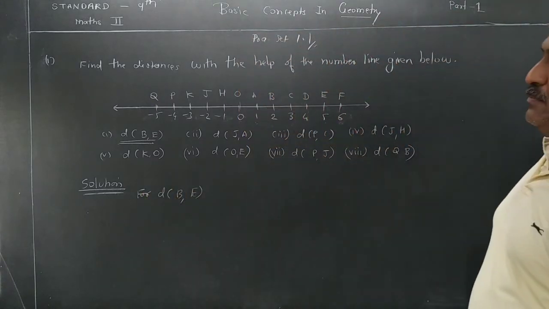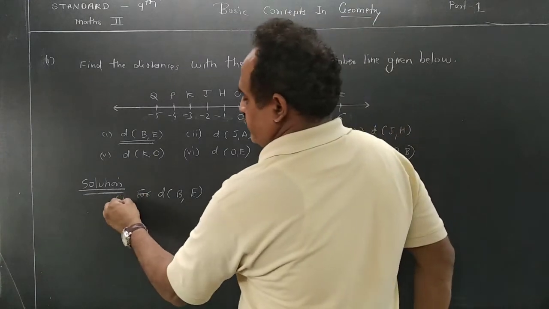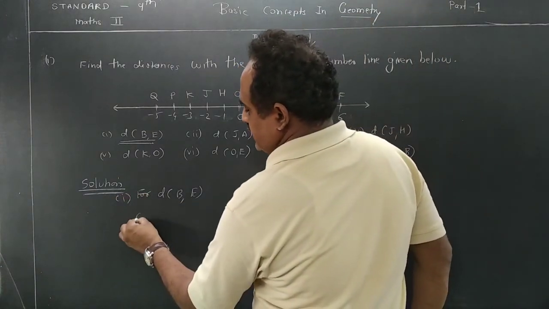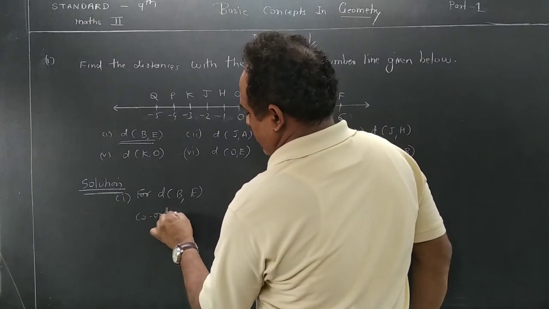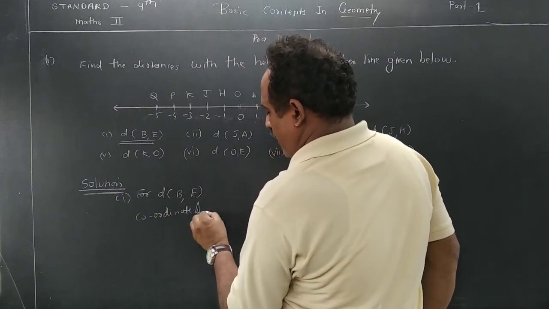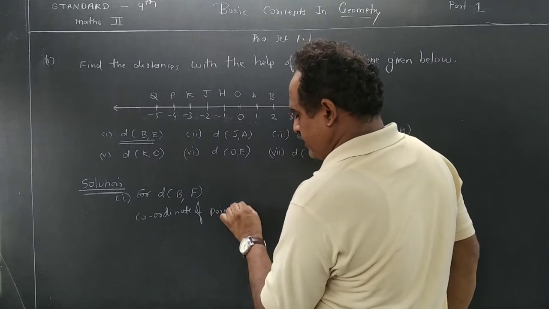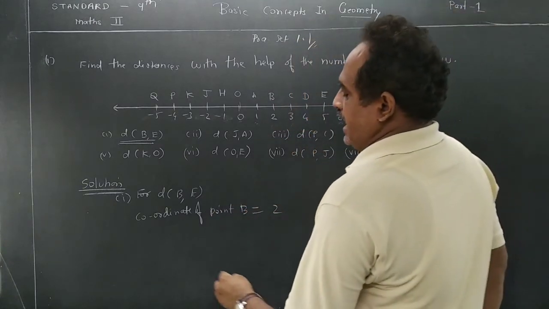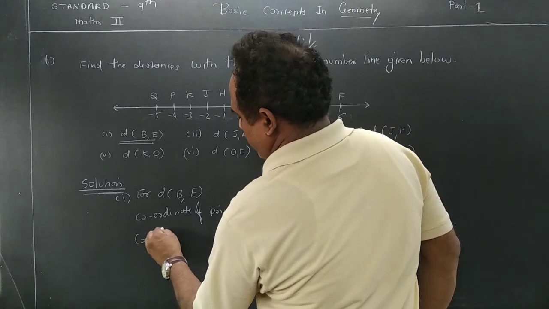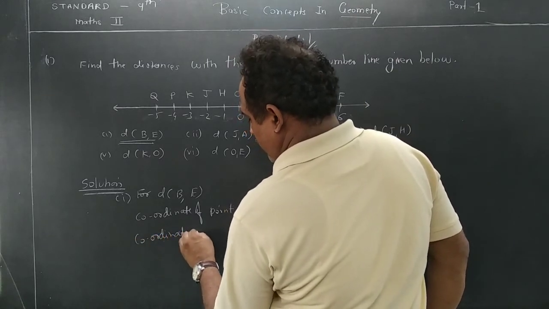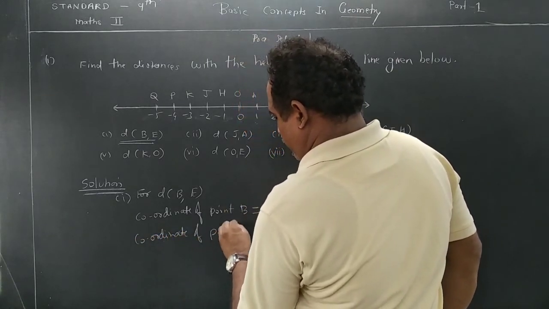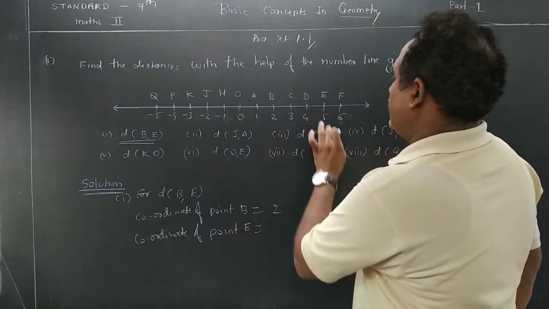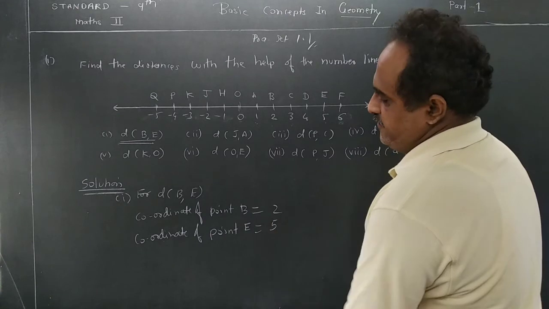First of all, you have to see the coordinate of point B, which is 2, and the coordinate of point E is 5.